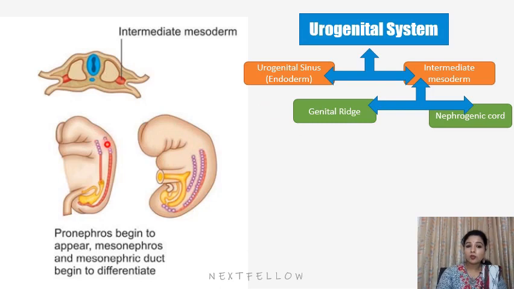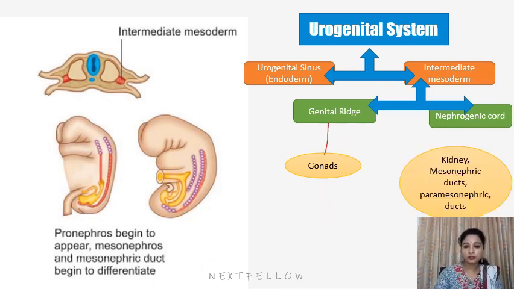The cranial most is the pronephros, which is a temporary structure, then the mesonephros, and the caudal most is the metanephros. The genital ridge gives rise to gonads. The nephrogenic cords give rise to the kidney, mesonephric duct and paramesonephric ducts.